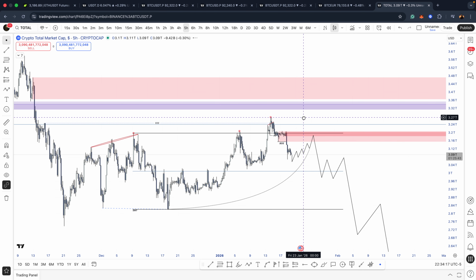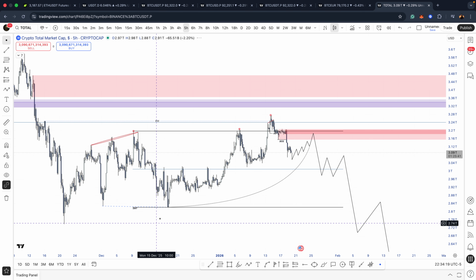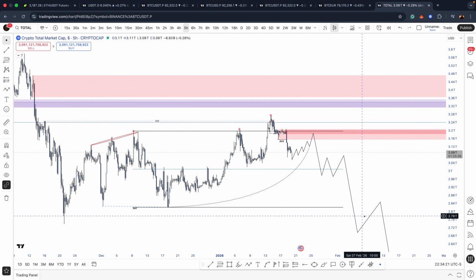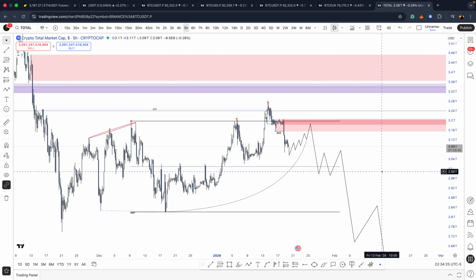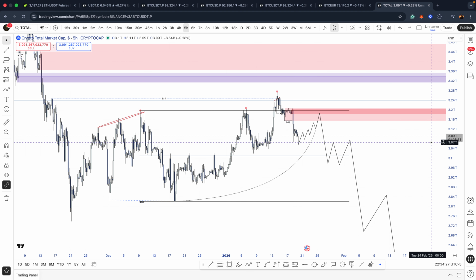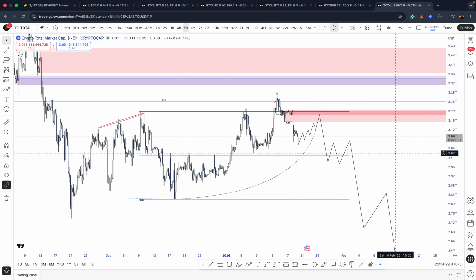So I think also SMT at the lows, this range did play out. I think it's pretty evident that we will complete this model and Bitcoin will go to 74K. Again, in trading, nothing is 100%.